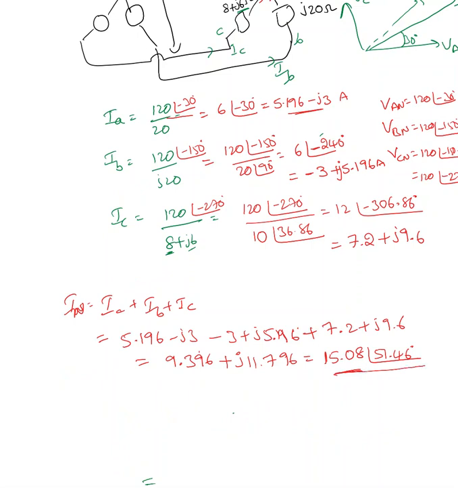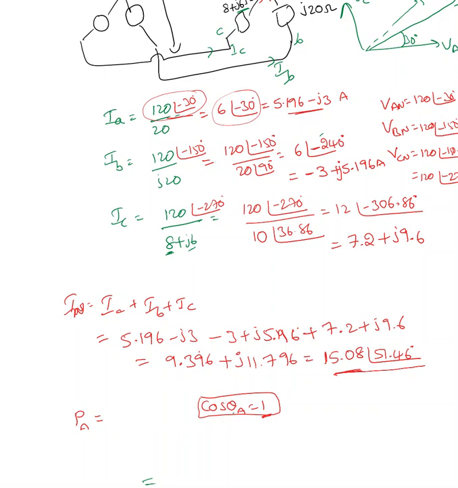Now I'm going to find the total power consumed by the load, or the power supplied by the source. Let me find the power PA consumed by load A. Since it is a pure resistive load, cos theta A equals 1. For a pure resistive load, the power factor is always unity, so there is no phase angle between IA and VA. You can see that VA is 120 at an angle of minus 30, and IA is 6 at an angle of minus 30, so the phase angle between those two is 0.